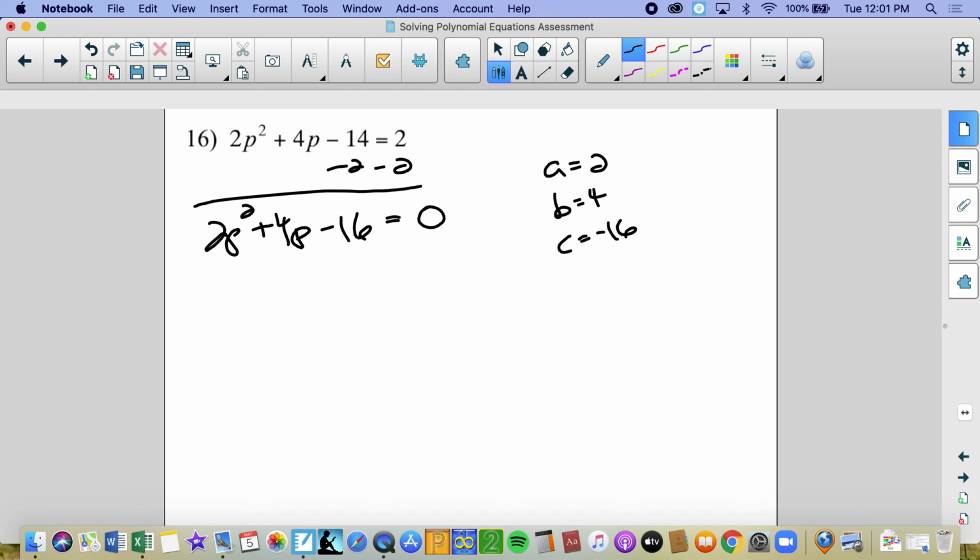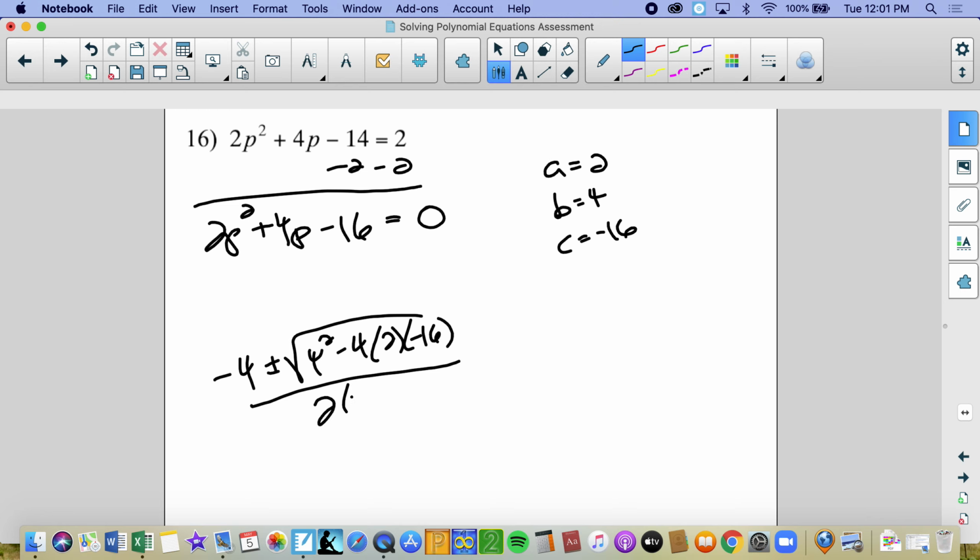Opposite of B, plus or minus the square root of B squared minus 4 times our A value times our C value, all over 2 times A. Negative 4 plus or minus the square root of 16 plus 8 times 16, which gives me 128, all over 4.